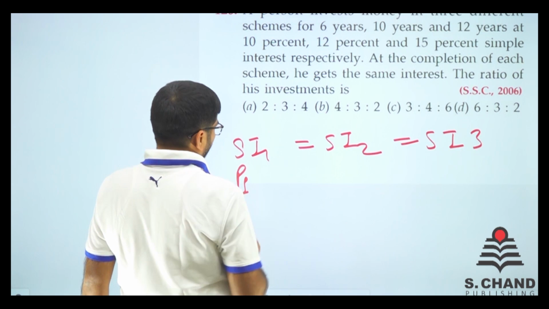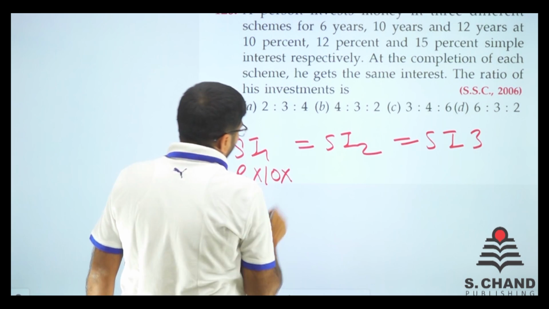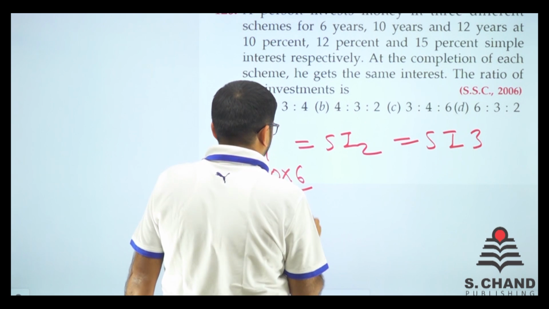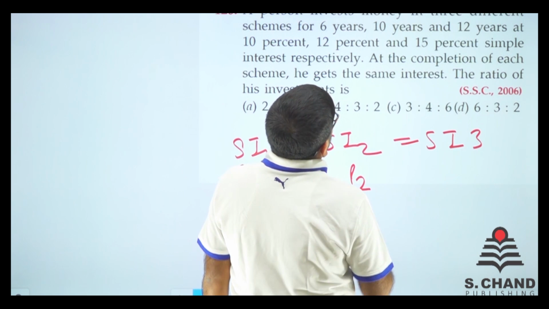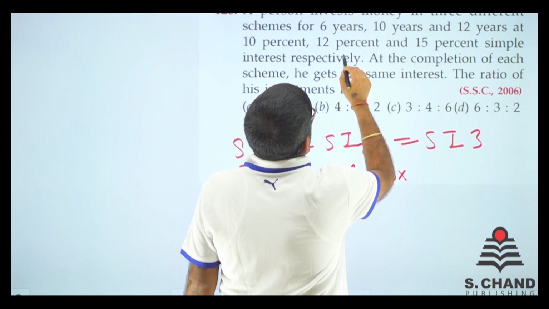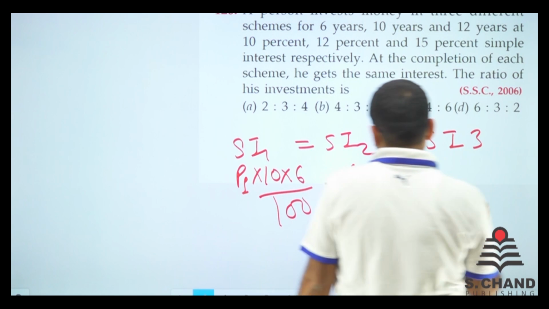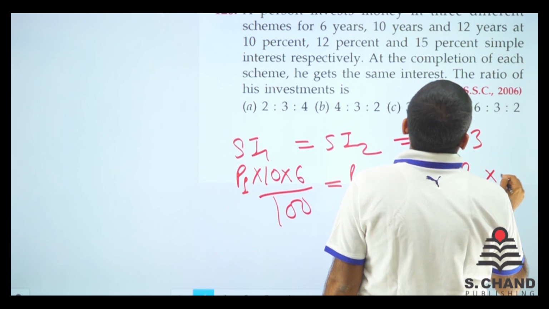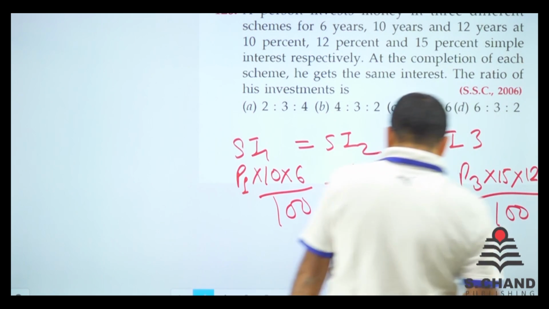So P1 into rate of interest 10%, 6 years, divided by 100. Then SI2 is P2 into 12% for 10 years, divided by 100, is equal to SI3, which is P3 into rate of interest 15% and time 12 years, divided by 100.